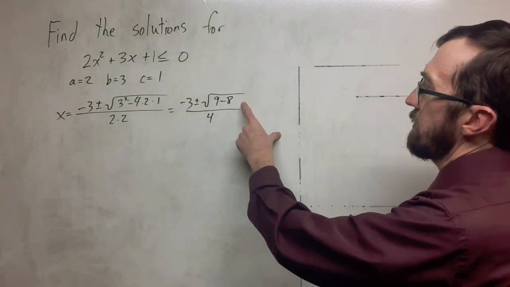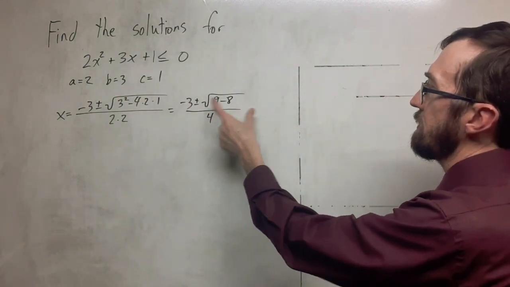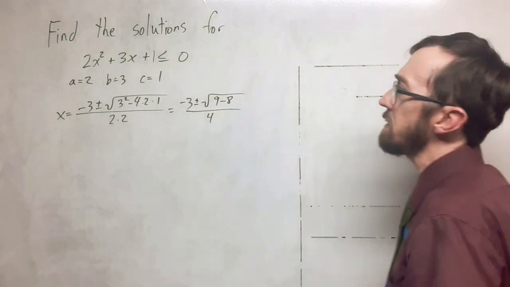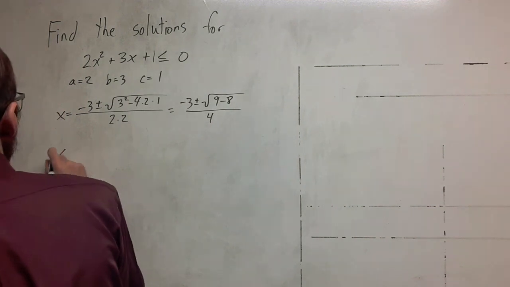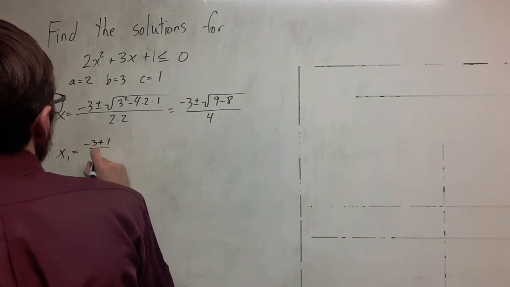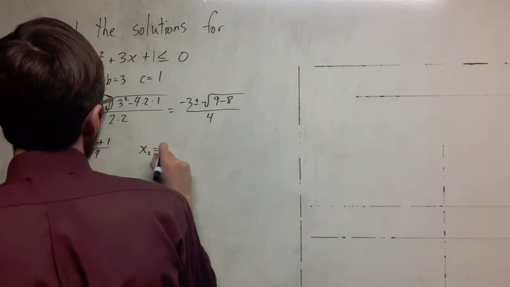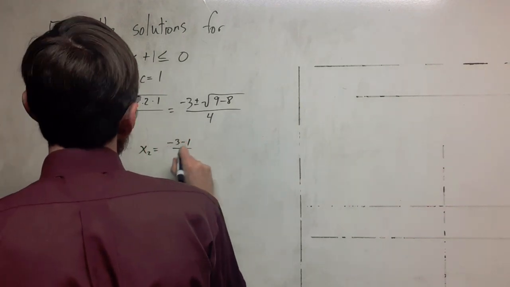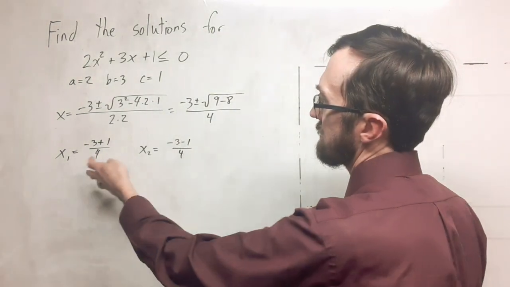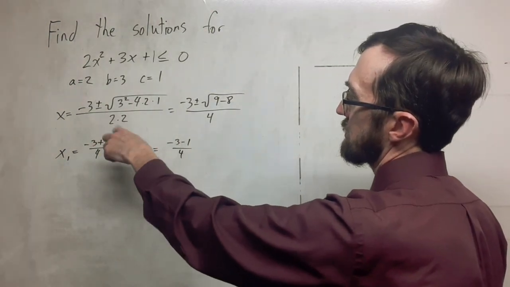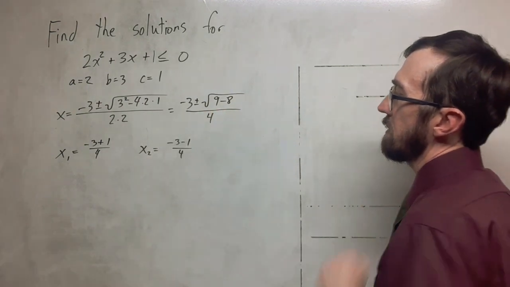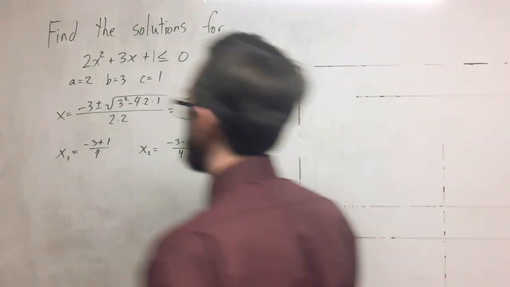Looking at what we have going on in here with the discriminant, we have 9 minus 8. That's going to give us 1. The square root of 1 is 1. So our two x possibilities will be negative 3 plus 1 divided by 4, and our second one will be negative 3 minus 1 divided by 4.